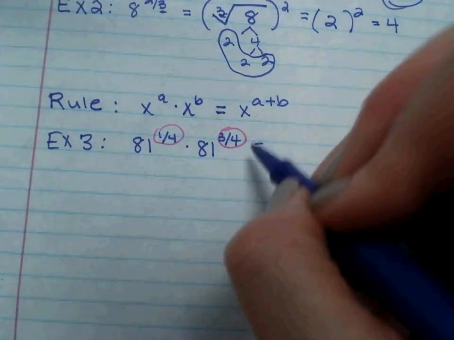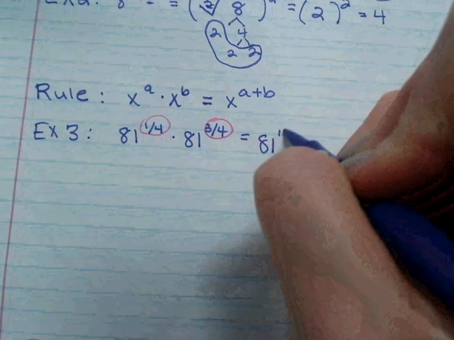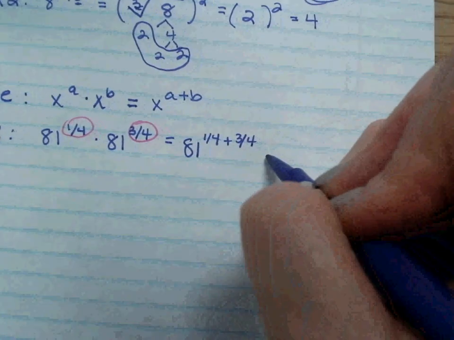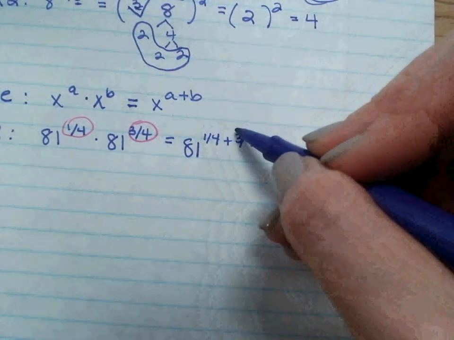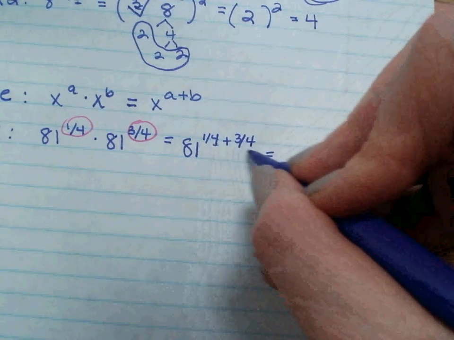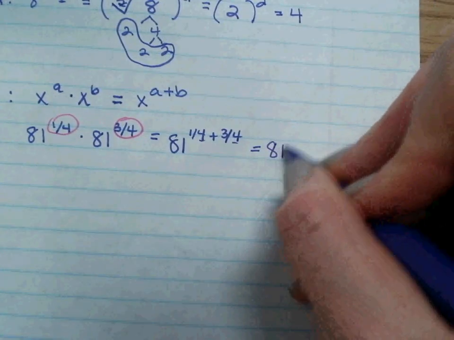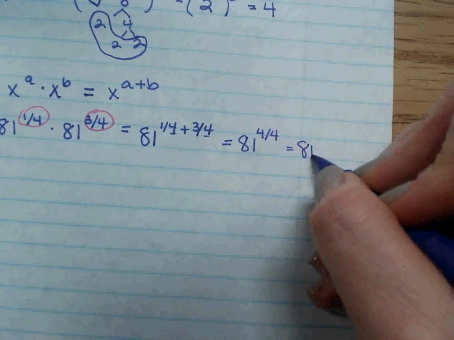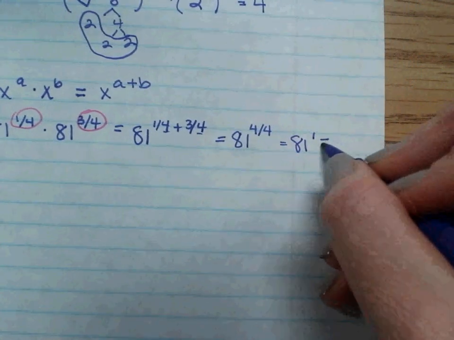So I get 81 to the 1/4 plus 3/4 power. Adding fractions, we add the numerators, the denominators are already the same, so that's 81 to the 4/4 power, simplified to 81 to the 1st power, which is just 81.